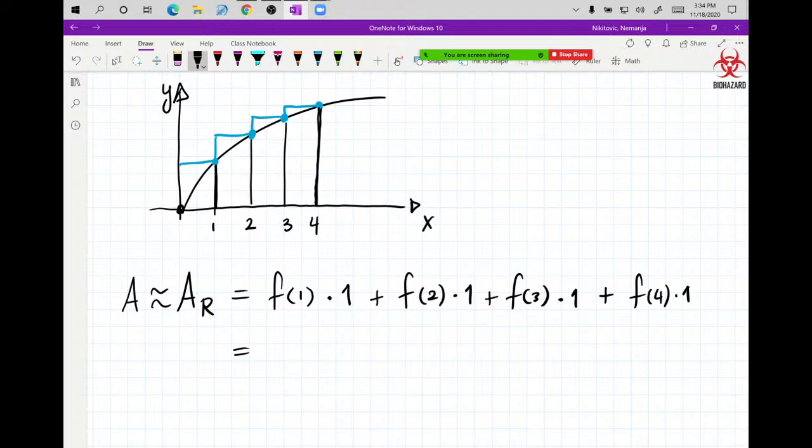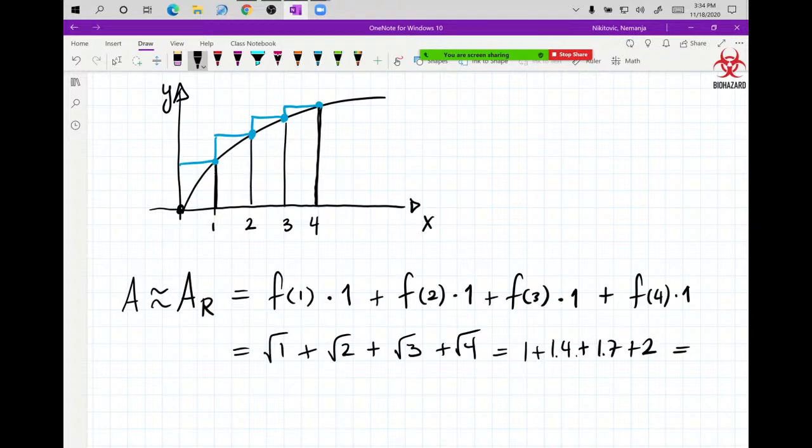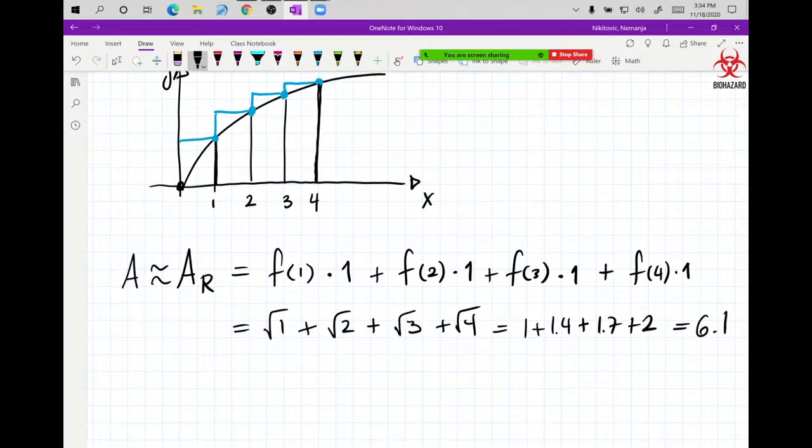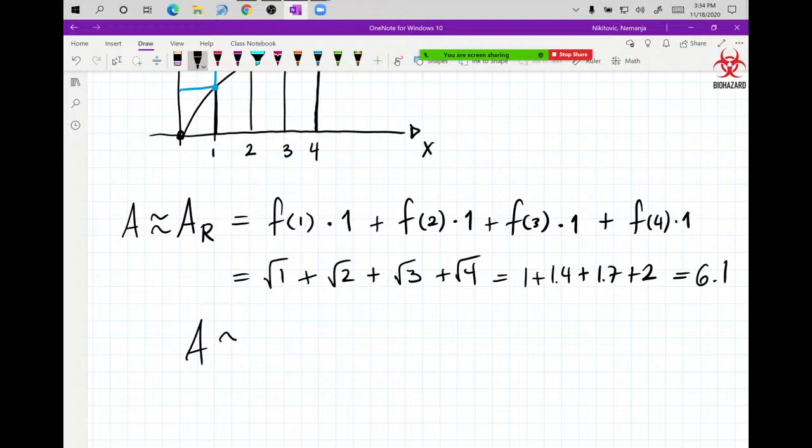So this mess is square root of 1 times 1 plus square root of 2 plus square root of 3 plus square root of 4, which is 1 plus 1.4 plus 1.7 plus 2. And all of that equals 6.1. So we say that the area is approximately 6.1.